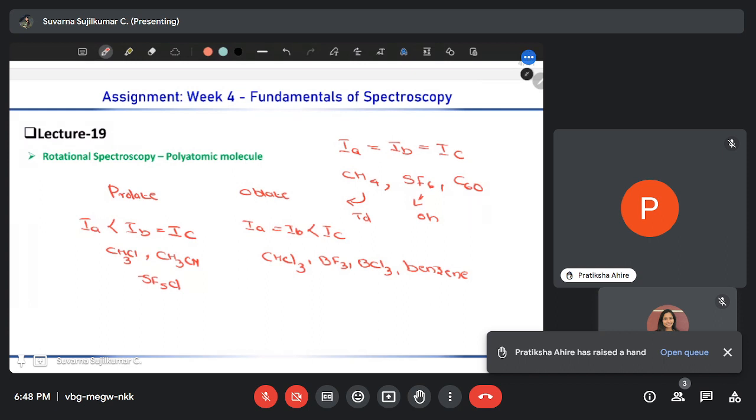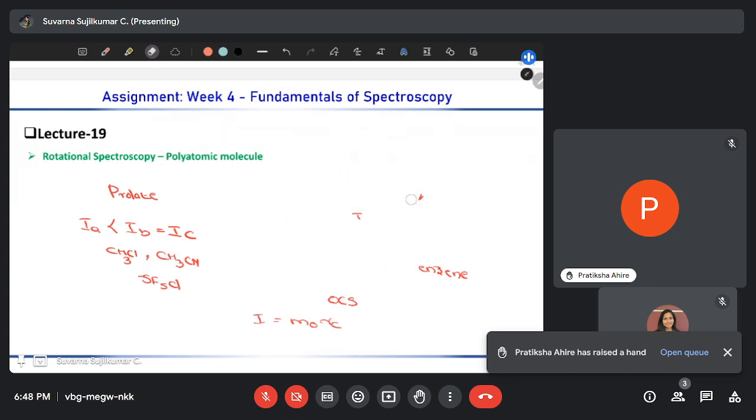Followed by this, for a polyatomic molecule, for example OCS, we derived the expression for the moment of inertia, which is given by I equal to M0 R. Okay, we can derive it, just express the pictorial representation of the molecule, then it will be easy to understand.